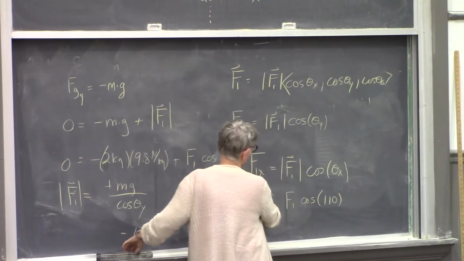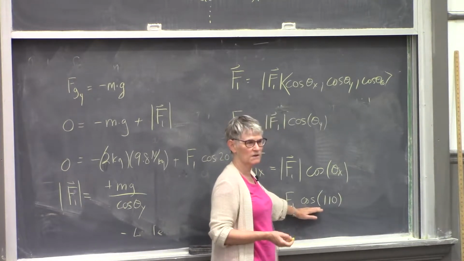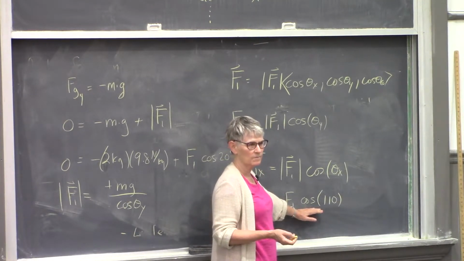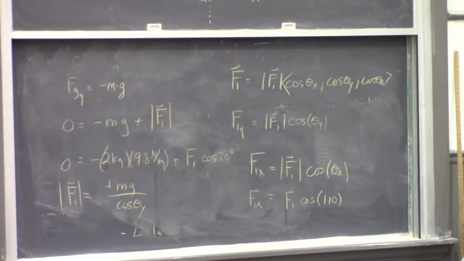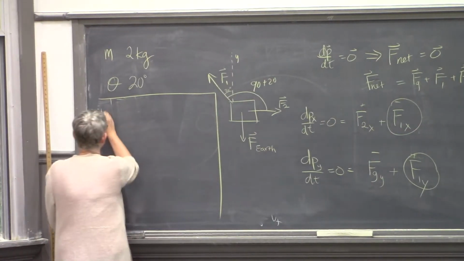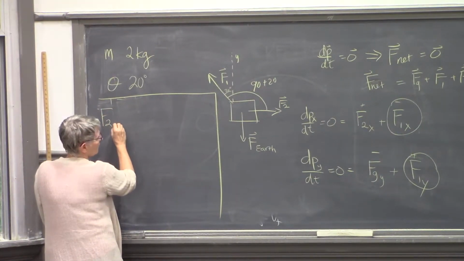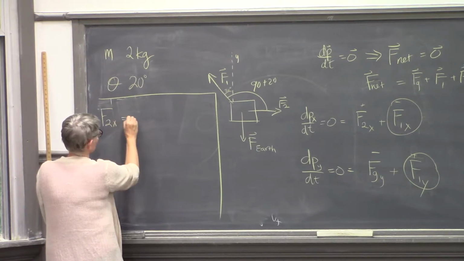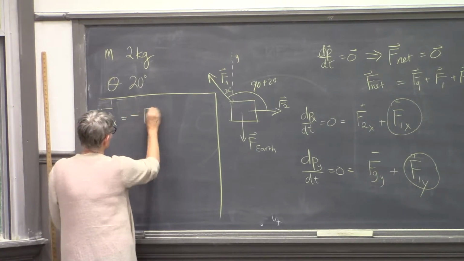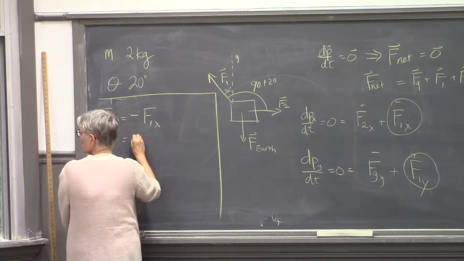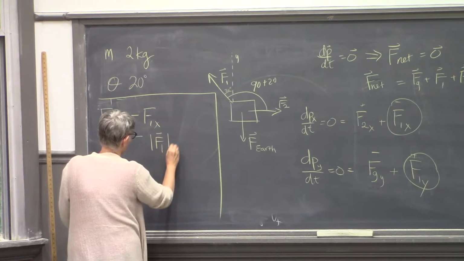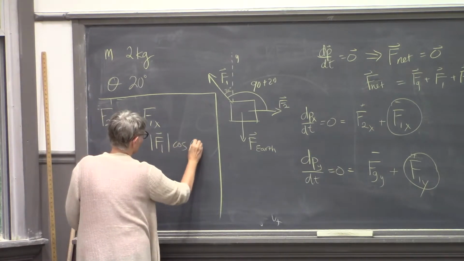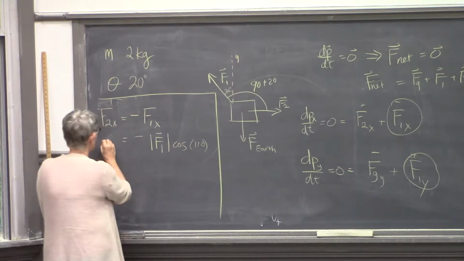And this is going to be a negative number because cosine of 110 is going to be negative. So now we're going to get F2x is minus F1x, which is minus F1 cosine of 110.